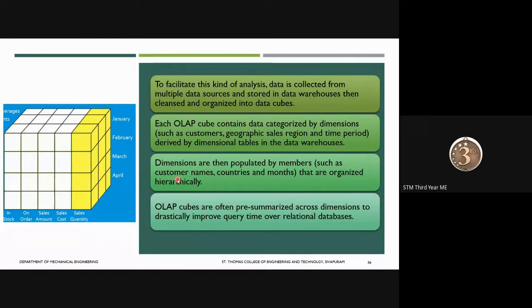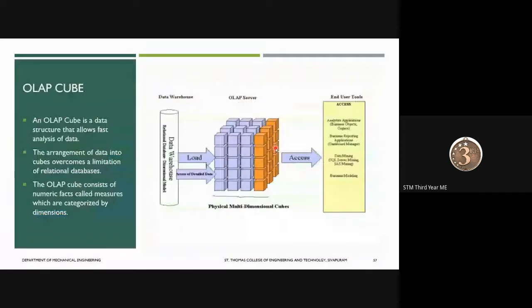The data is being stored at one point, and it is categorized by some of the topics here, such as customers, geographic sales, and time period. So some dimensions are stated here, and these dimensions are used for categorizing the data. You can see how the OLAP cube is termed a data structure that allows for fast analysis of data.